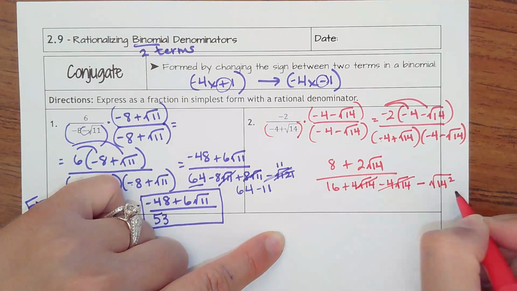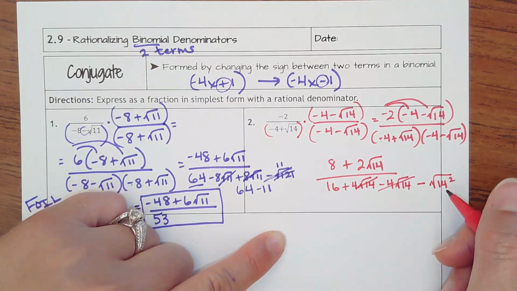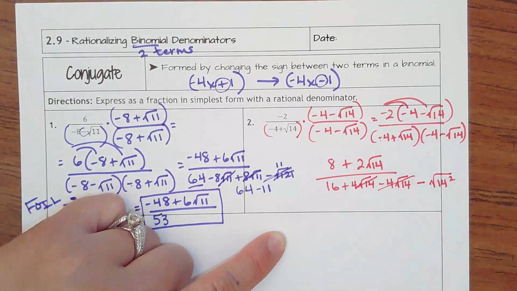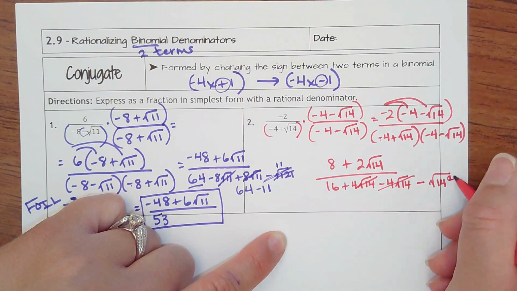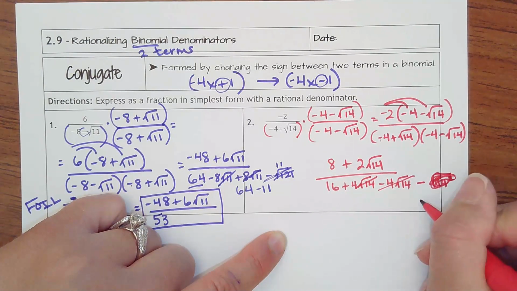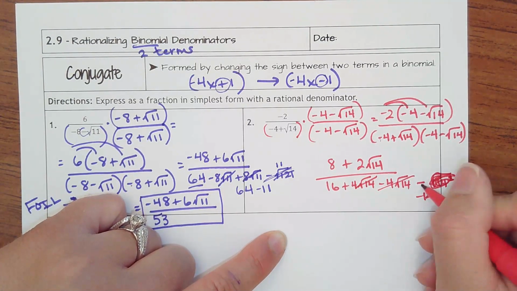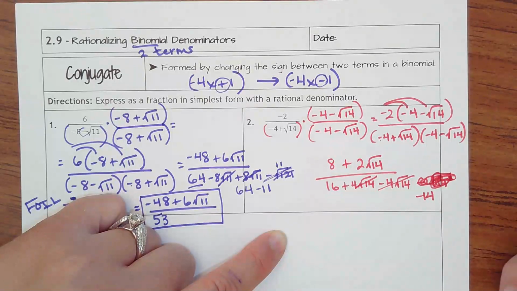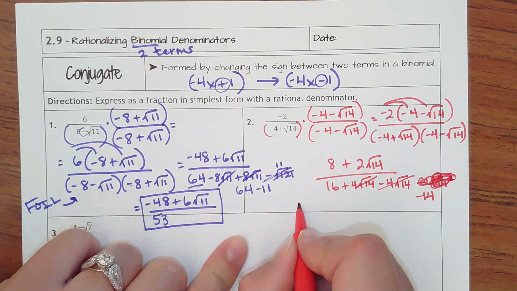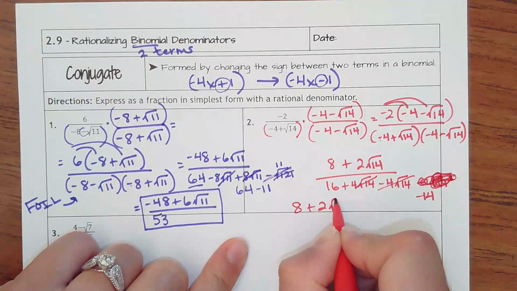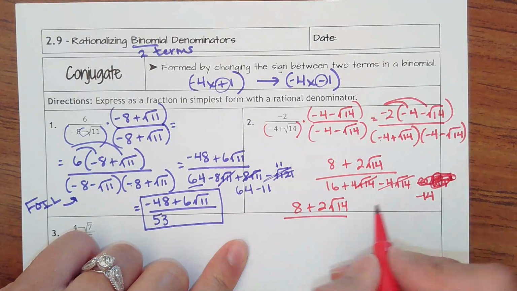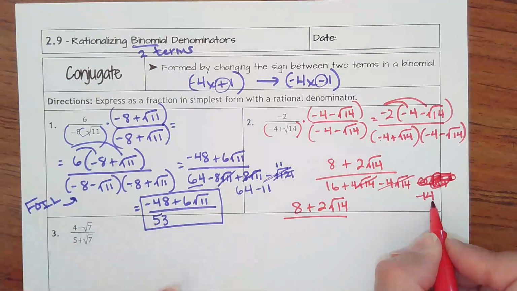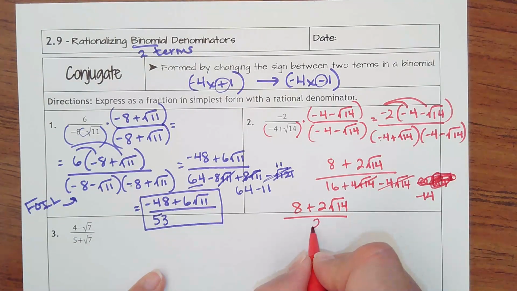Put 14 squared, which is 196 if you want that number. But I know this and this cancel, so this is really just minus 14. Okay, so I get 8 plus 2 square roots of 14 over 16 minus 14. 16 minus 14 would be 2.